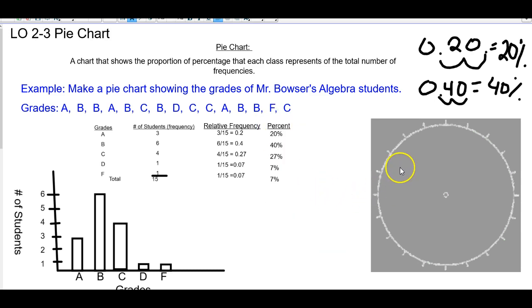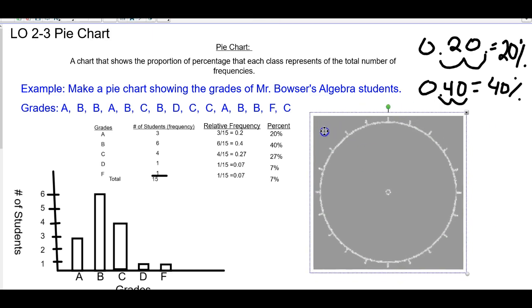All right, so now we are going to move over here to the pie chart. The reason I picked this one is because it's got these nice hashtags. So this is 5%, 10, 15, 20, 25, all the way around.